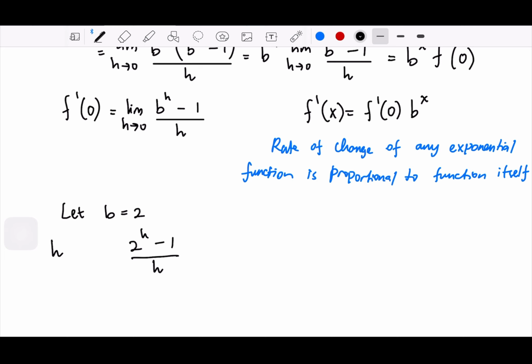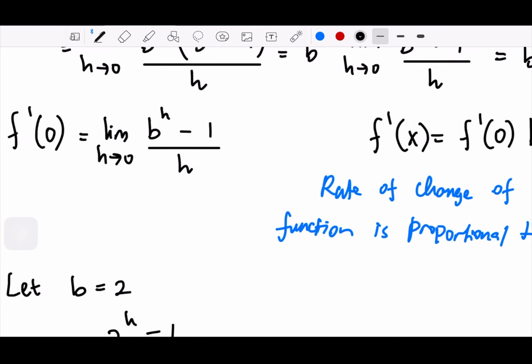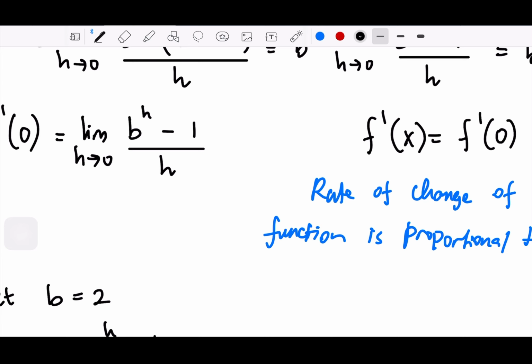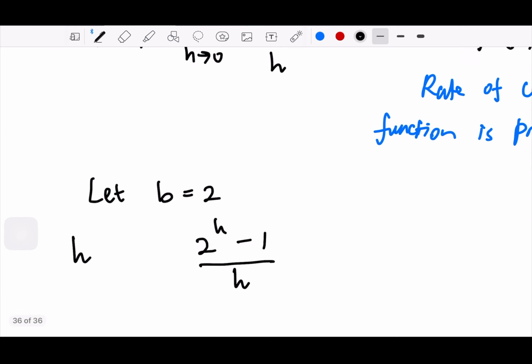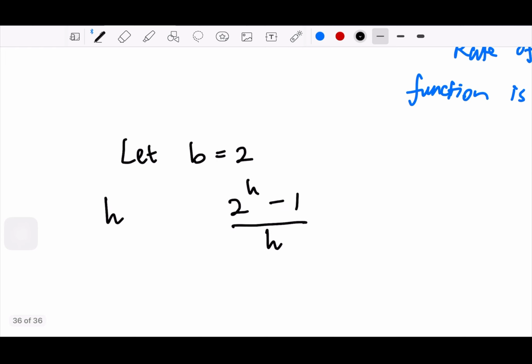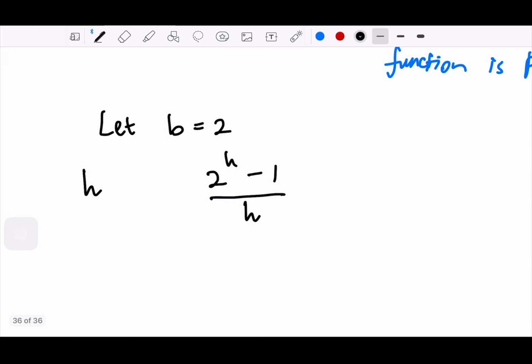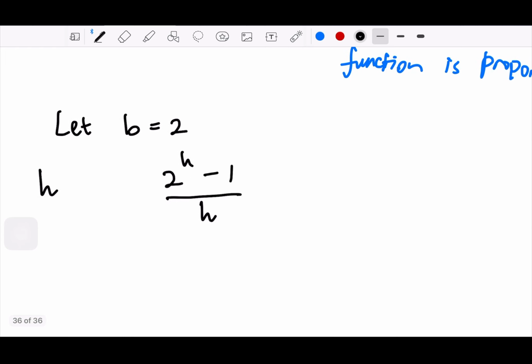This is just to estimate the value of the limit. So we want to know what is the value of this limit, so we are going to check with some number b. First we check with b equal 2, and then b equal 3.